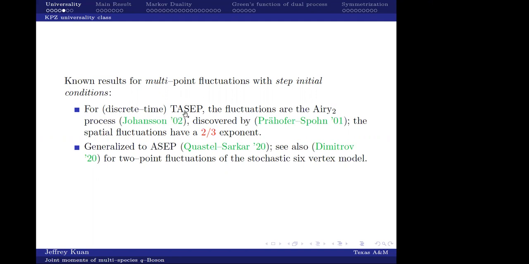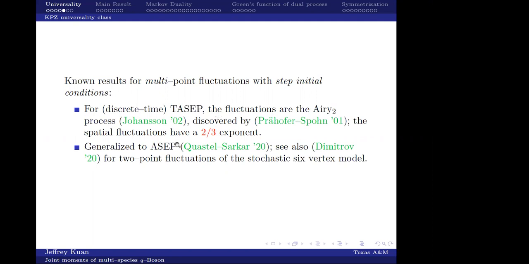Johansson proved this using some determinantal formulas for ASEP. And the Airy-2 process was discovered a year earlier by Prähofer and Spohn in the PNG model. And there the spatial fluctuations have a 2/3 exponent. So the distance between the particles scales as t to the 2/3, that's the non-trivial distance to look at.